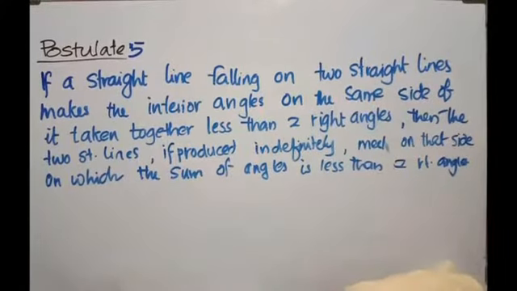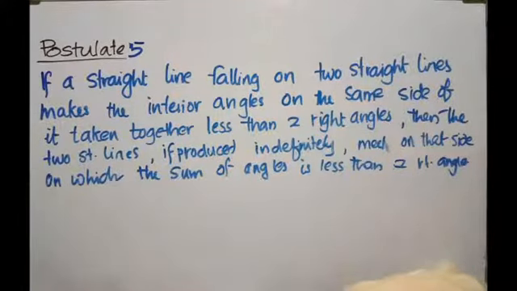Axiom number 5 states that if a straight line falling on two straight lines makes the interior angles on the same side of it taken together less than two right angles, then the two straight lines, if produced indefinitely, meet on that side on which the sum of angles is less than two right angles. So what did you get from this sentence?